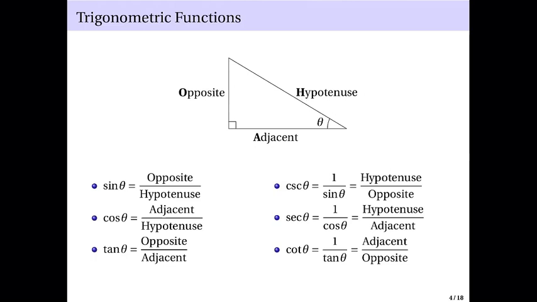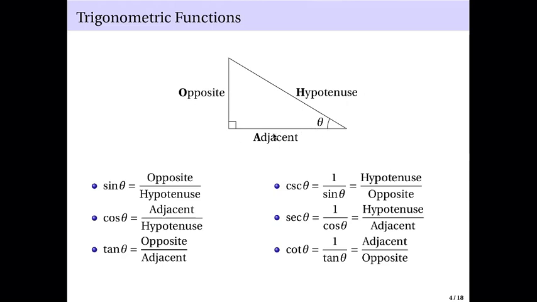So take note that the names opposite and adjacent depend on the theta. If you choose your theta to be here, then this side will be adjacent and this side will be opposite.